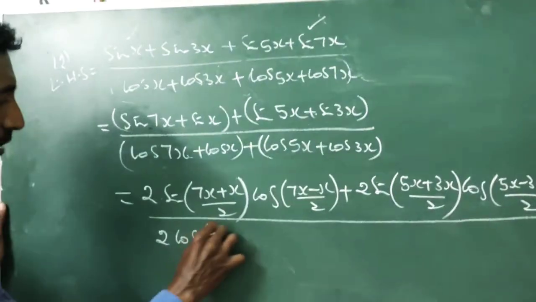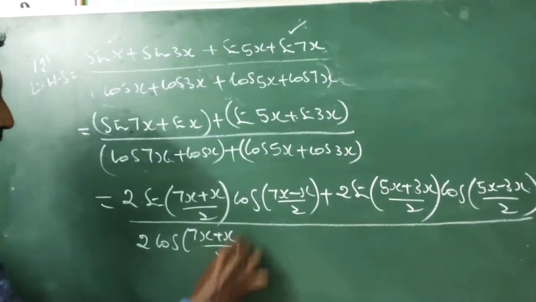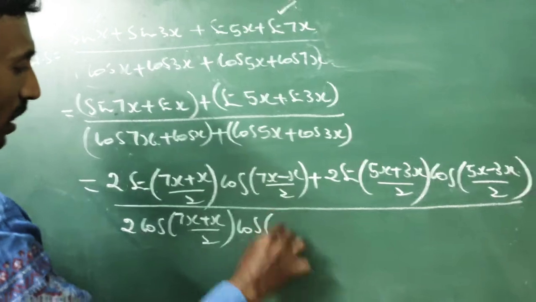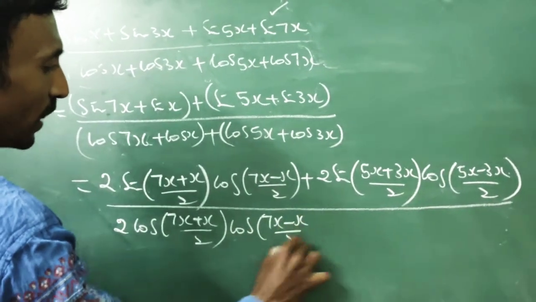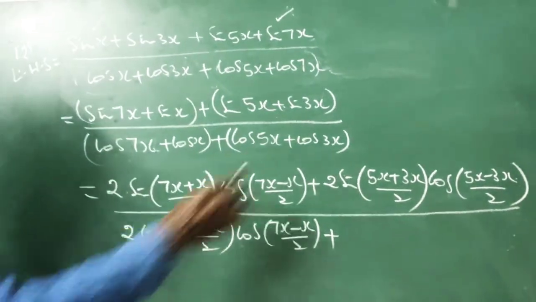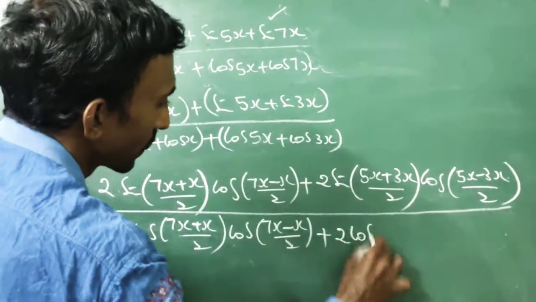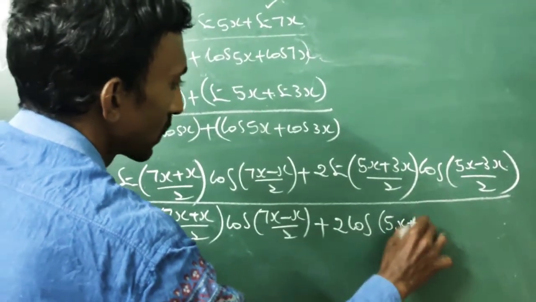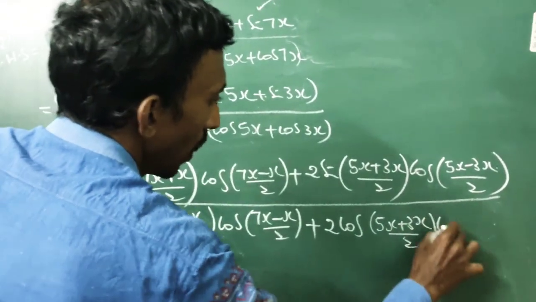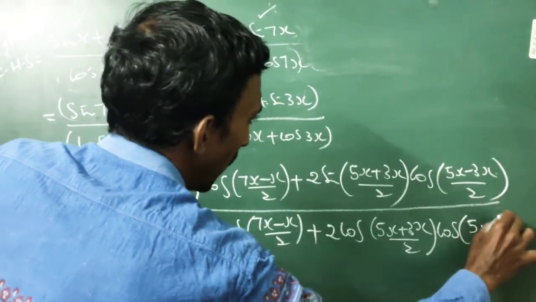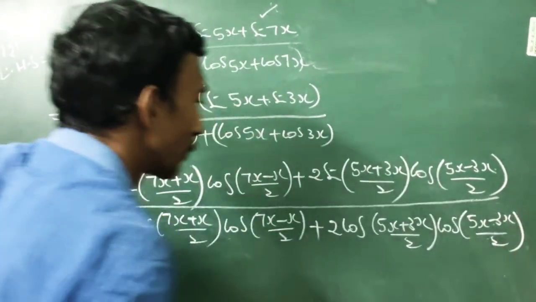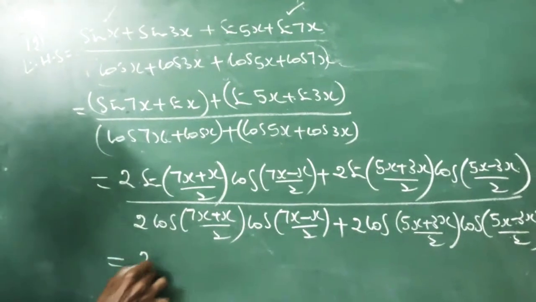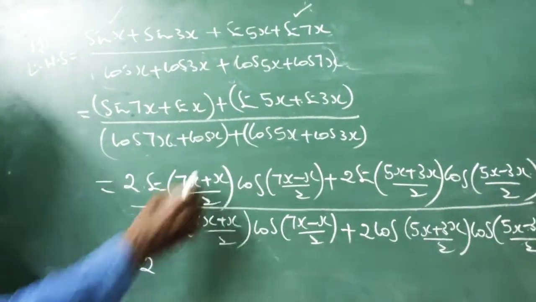So 2 cos((C + D)/2) cos((C - D)/2), the same for the second term, 2 cos((C + D)/2) cos((C - D)/2). Okay. So 7 plus 1 is 8.